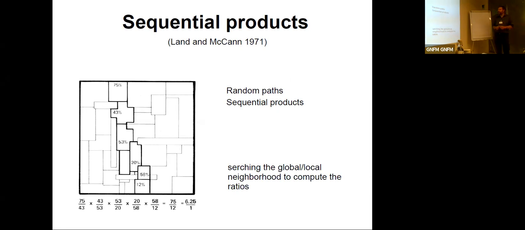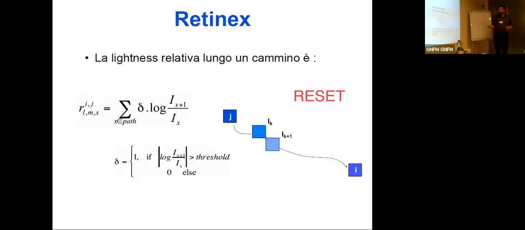The original idea of this school, the Retinex algorithm, is that they go around computing ratios between patches. Basically, if you keep computing ratios, your sensation between two points is the ratio between the two points.